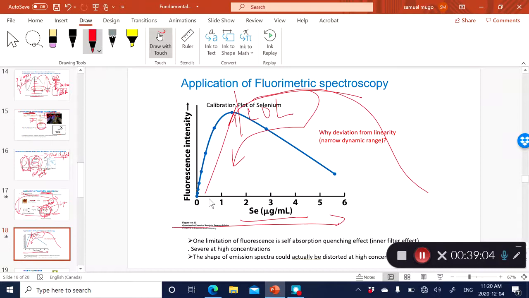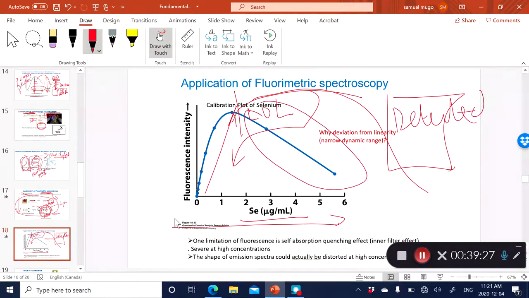Remember, at any given time, you've got most of the atoms or molecules in the ground state. So sometimes the emitted light is reabsorbed by the molecules in the ground state instead of being detected. That's why you end up getting a decrease, especially at high concentration, because there's a higher probability of having more atoms, or more molecules, in the ground state.